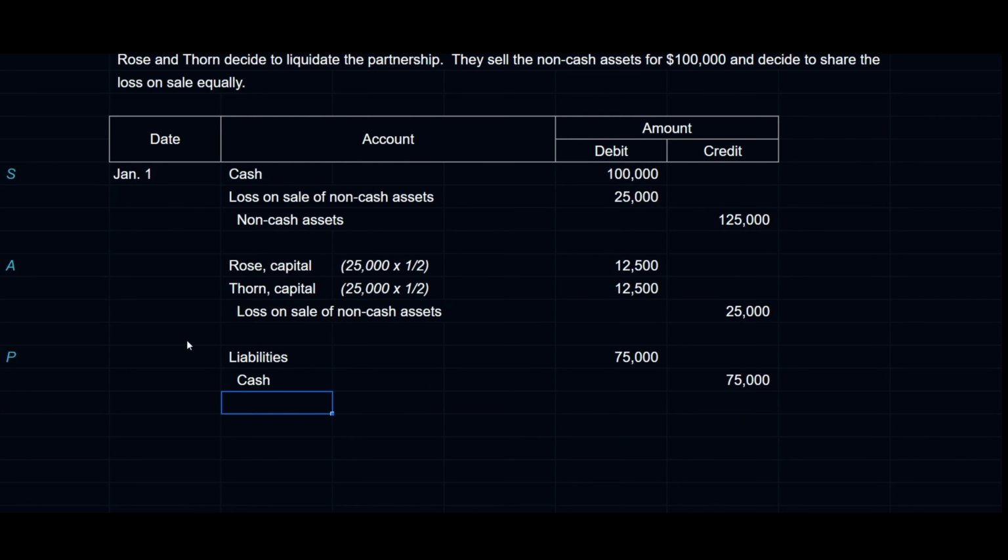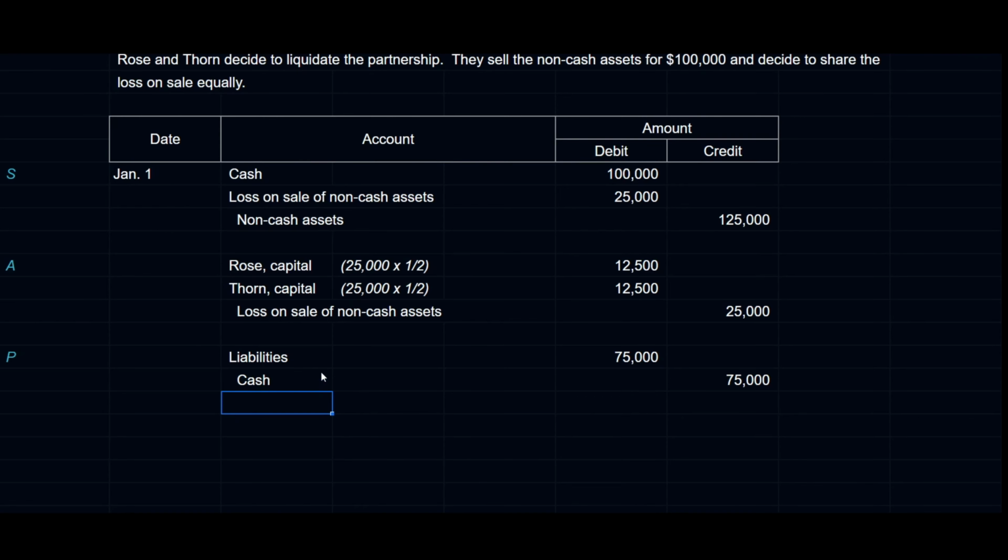The final thing to do is to pay out the partners according to their capital balances, not their profit and loss agreement. And that is because what's left in the business is not necessarily profits, but it should only be cash, and their capital balances are their claims to the assets left in the business.